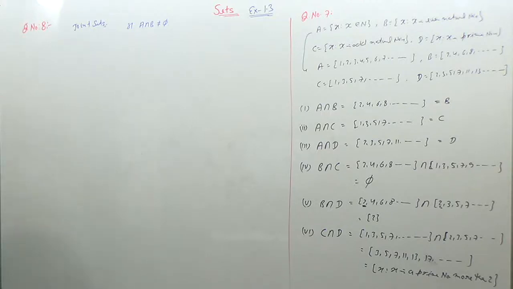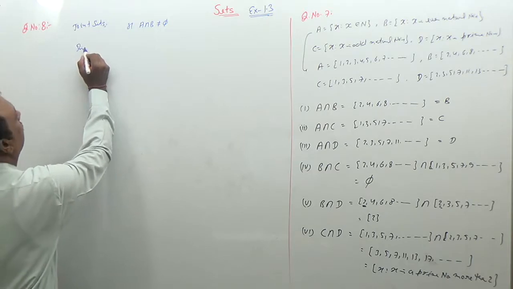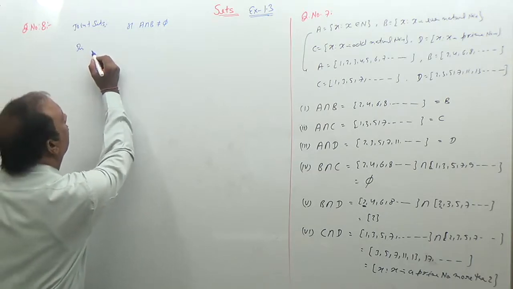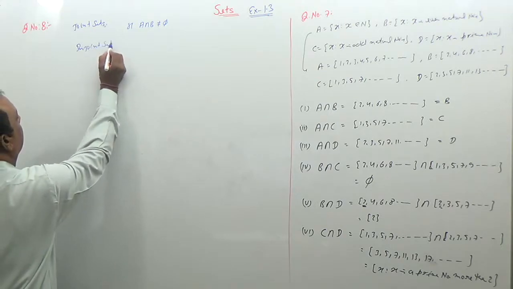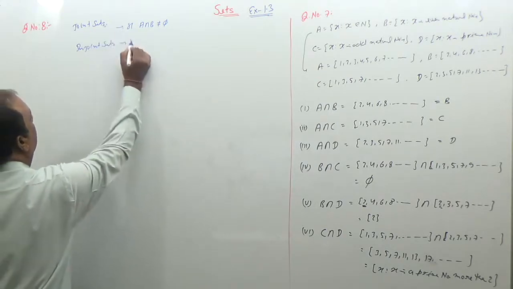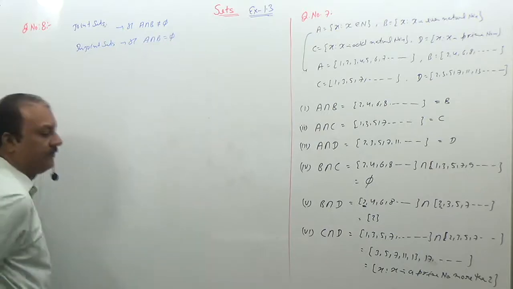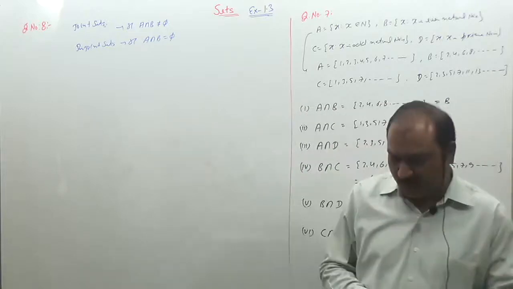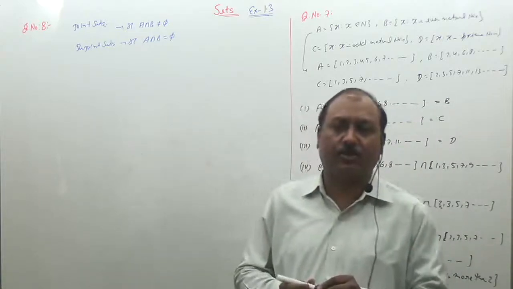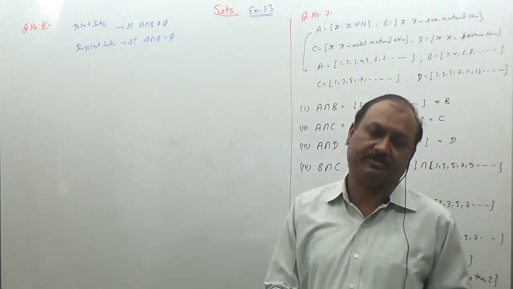So these are called joint sets. And disjoint sets: if A intersection B is equal to phi, that is, if there is no common element between two sets, then these sets are called disjoint sets.